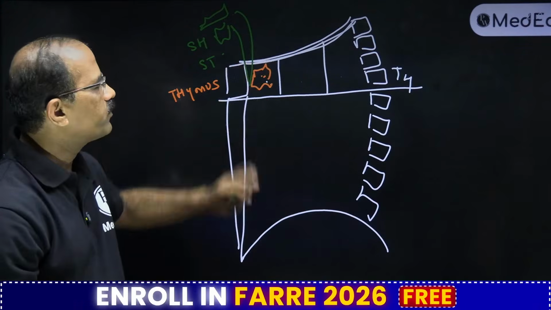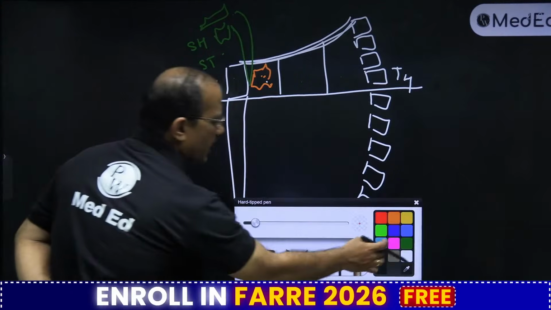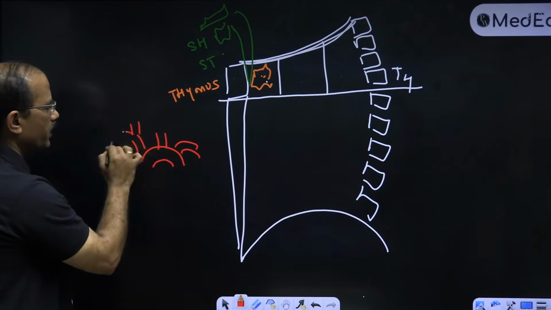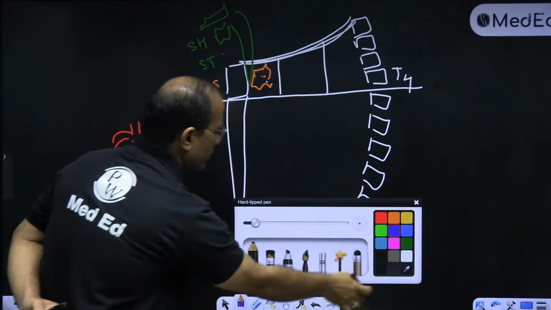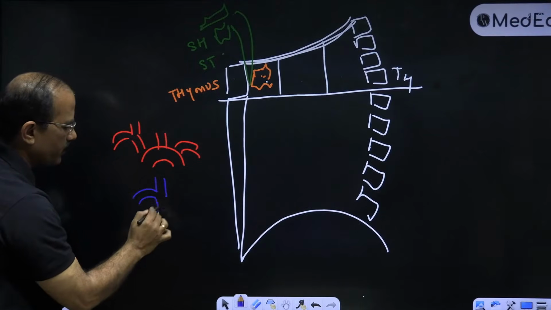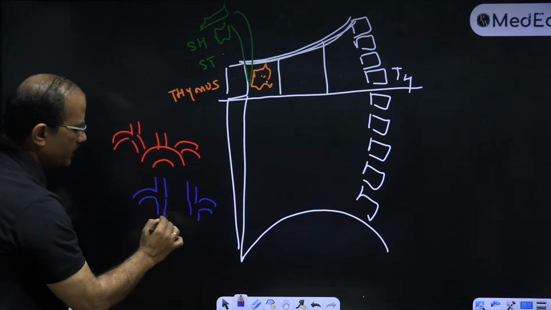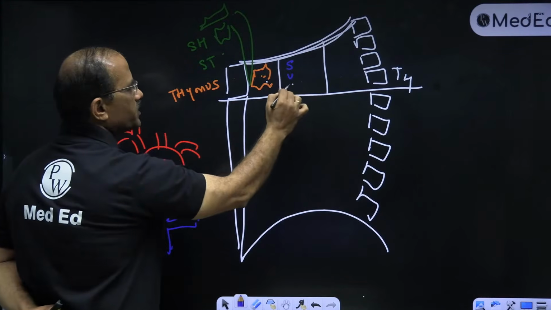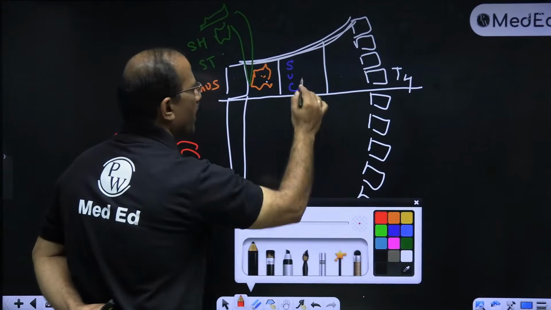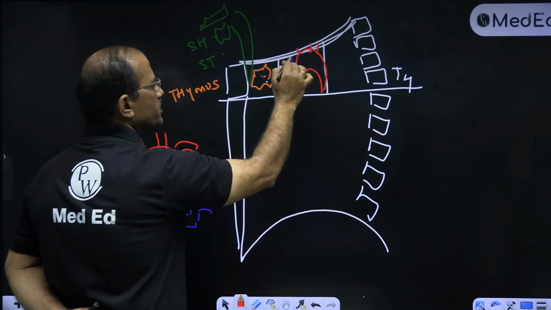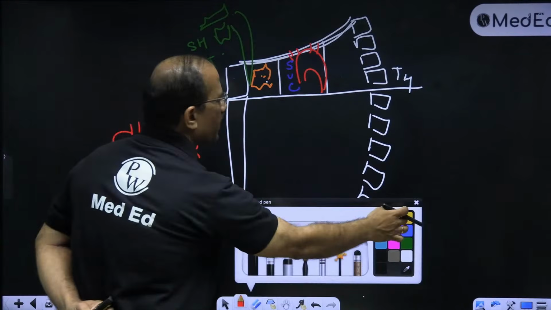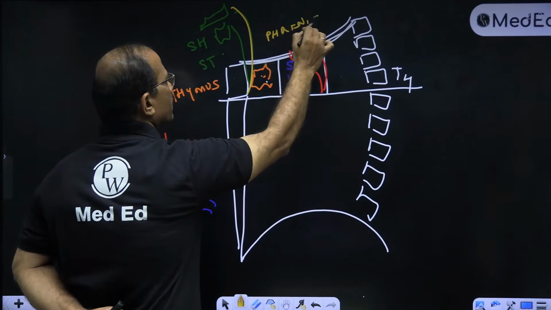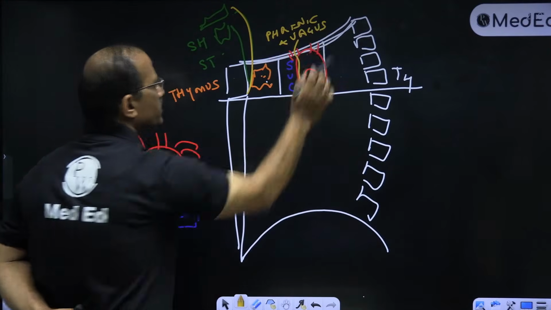In the middle part you have the arch of the aorta and its branches. Second, the veins: internal jugular, subclavian, brachiocephalic, and this is the formation of the SVC. And 2 nerves come here: the phrenic and the vagus.